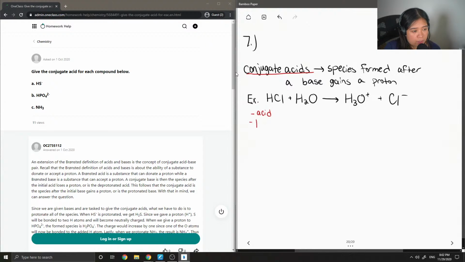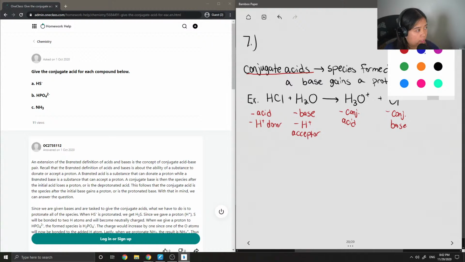And we know this because it is the proton donor. So it gave one of its protons to the water. So water in this case is our base. And again, it is just our proton acceptor. So after the base gains the proton, it becomes H3O plus. And this is our example of the conjugate acid. And for chlorine, Cl minus, this is our conjugate base. So it is the species formed after the acid donates a proton.